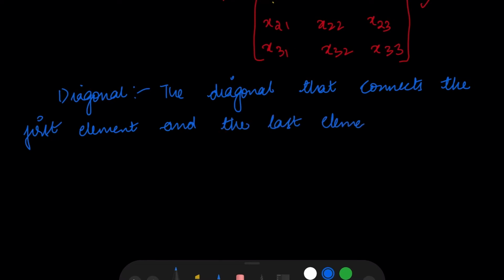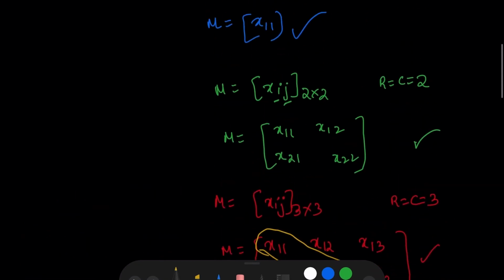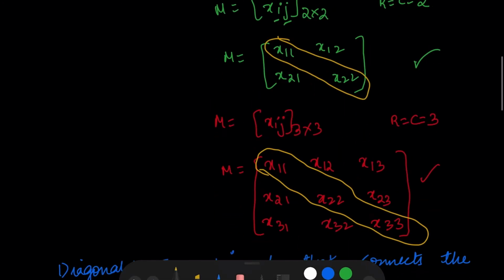So this is how a diagonal is defined, right? So for a 3 cross 3 matrix, this will be the diagonal, and similarly for a 2 cross 2 matrix, this will be the diagonal, and for a 1 cross 1 matrix, the element itself is the diagonal, right?